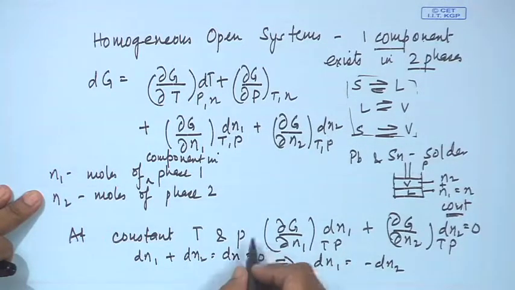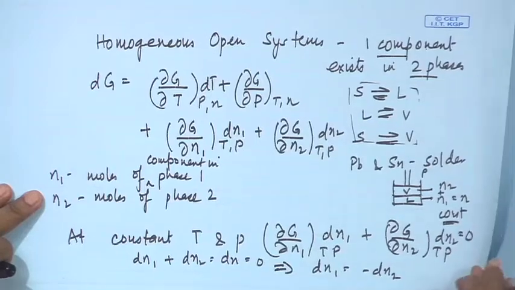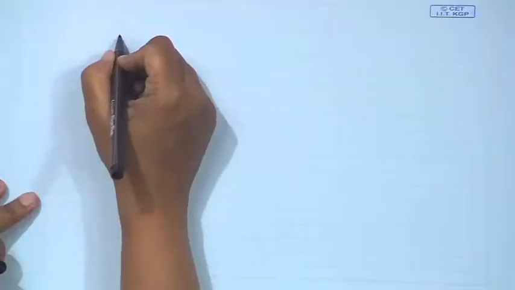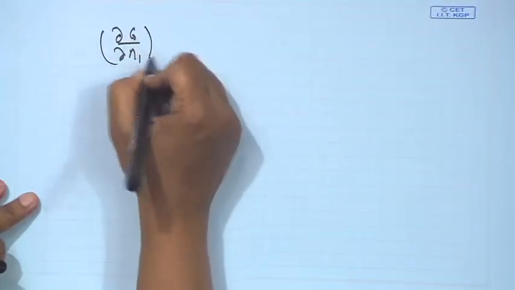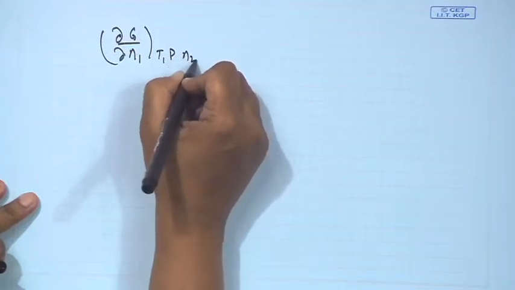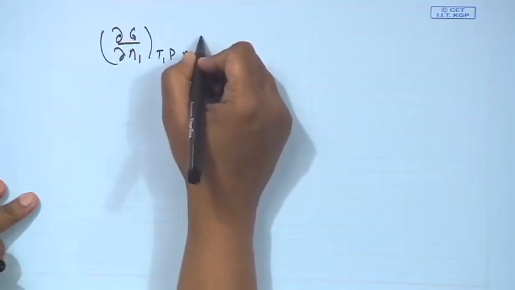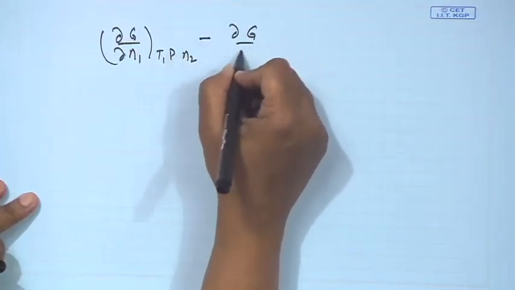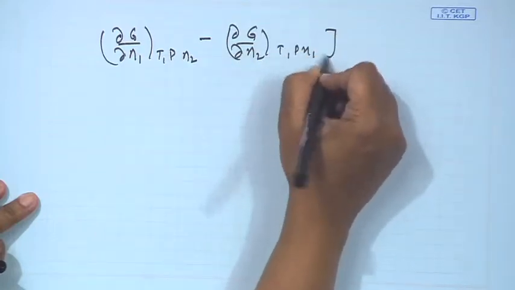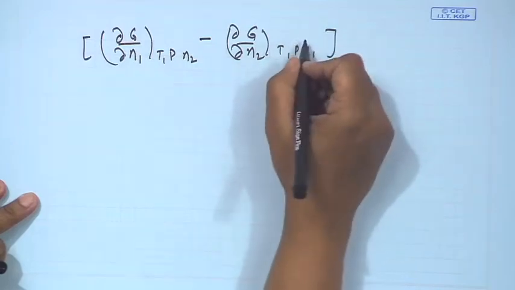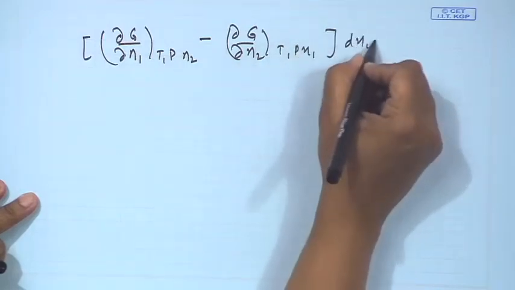So therefore, if you substitute this in this particular equation, then what do we get? We get (∂G/∂N1) at T, P, N2 minus (∂G/∂N2) at T, P, N1, multiplied by dN1, is equal to 0.